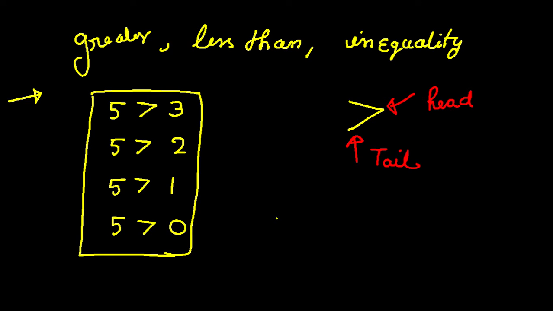But I am not going to elaborate that, because that is part of the real numbers, and that topic will be long. So I am restricting myself up to here. Very simple. So now this is the greater than.